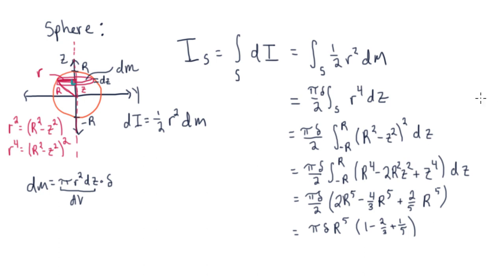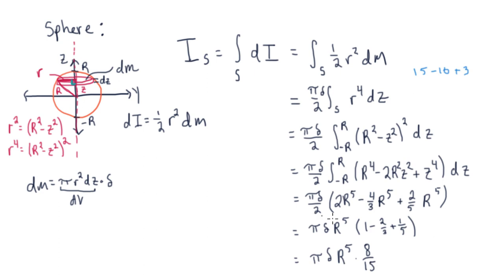So I'm going to do some scratch work up here. So I have 15 over 15 minus 10 over 15 plus 3 over 15. So it looks like we have pi delta R to the 5th times 8 over 15. Yes, I believe that is correct. Good, so I didn't make a mistake.